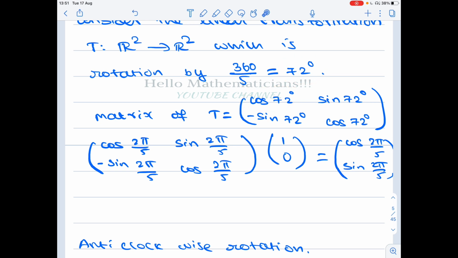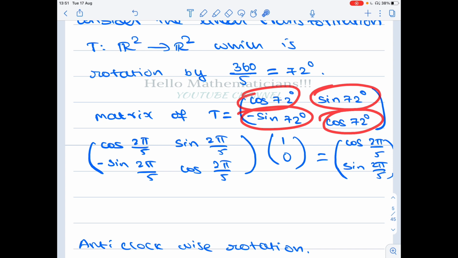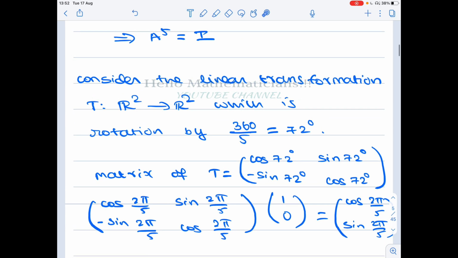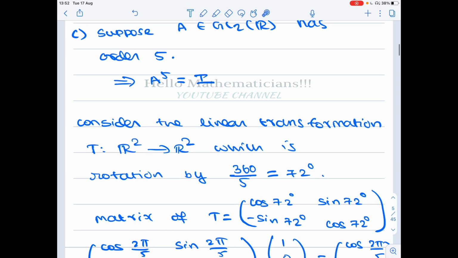The corresponding matrix is given by cos 72 degrees, sin 72 degrees, minus sin 72 degrees, cos 72 degrees. This matrix will satisfy the condition A to the power 5 equal to identity. Because when you act on, suppose, (1, 0), it will first rotate by 72 degrees, then a second time, third time, fourth time, and the fifth time it will come back to itself.